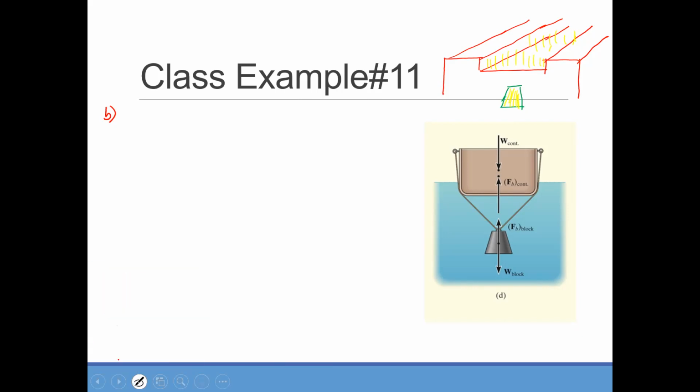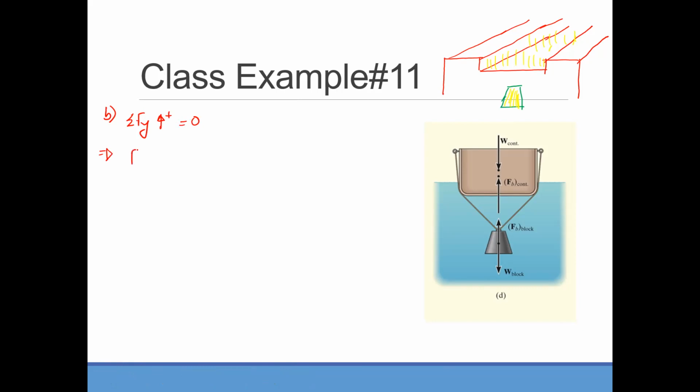So this time we have four forces: F_y, two buoyant forces and two weights.